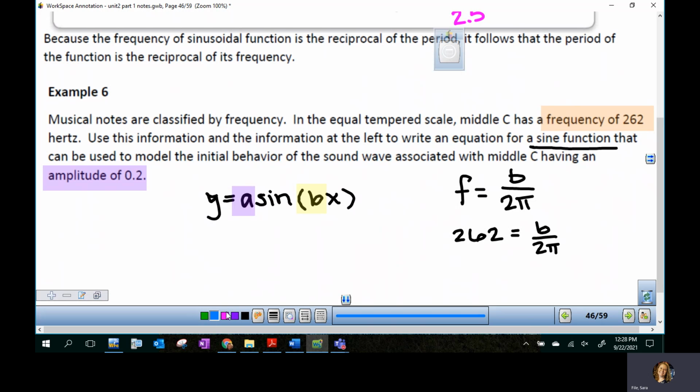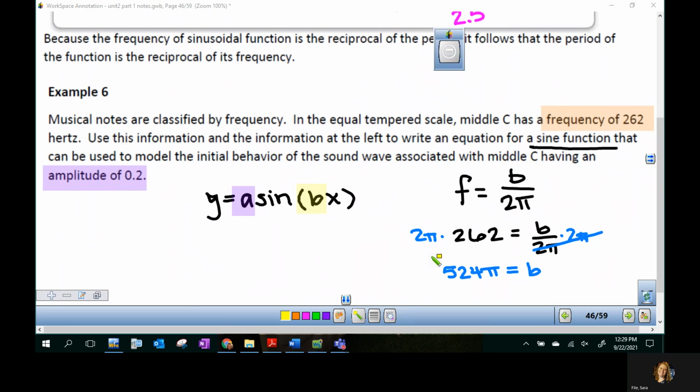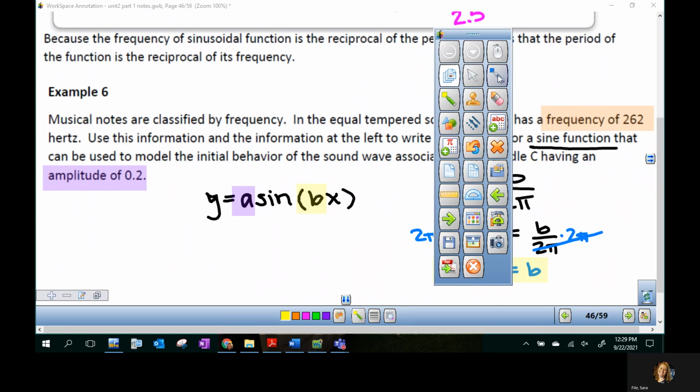How am I going to solve for B? Get rid of the 2 pi by multiplying it over. I'm just going to leave this in terms of pi. I don't need it as a decimal. So what's that going to come out to? What's 2 times 262? It's 524. Pi is B. So that is going to get plugged in for B.